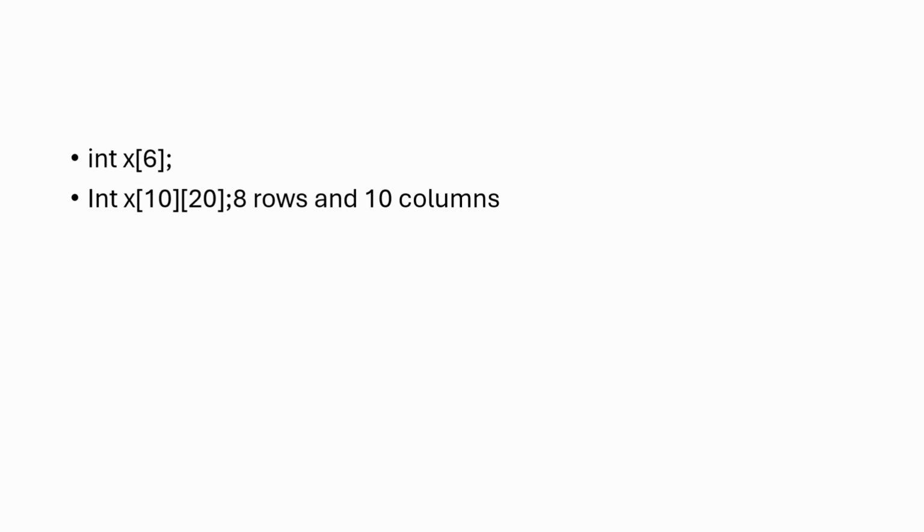And one thing to remember is you can have a multi-dimensional array. My second example is a two-dimensional array, right? So you've got eight rows. Well, it's 10 and 20, not 8 and 10. I think the comment I initially had was 8 and 10, but never mind.